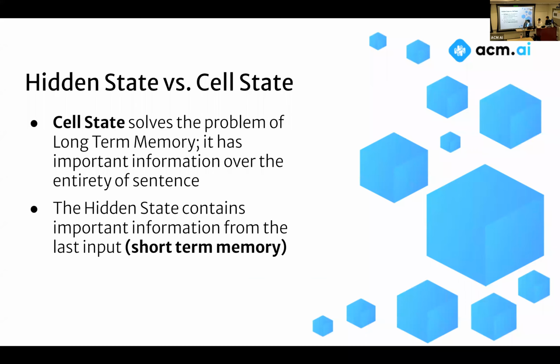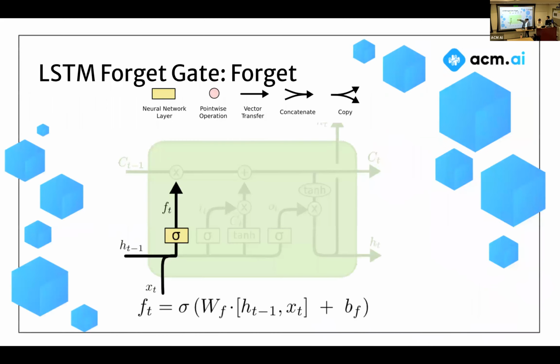All right. So again, hidden state versus cell state. This is an important distinction. You may notice we have hidden states and we have cell states. The cell state is that conveyor belt that I was talking about. But the hidden state is this additional piece of information that we're passing through that's a little bit different from the cell state.